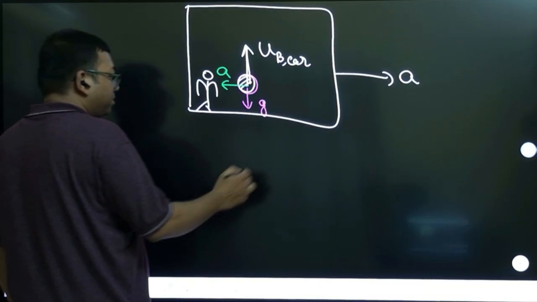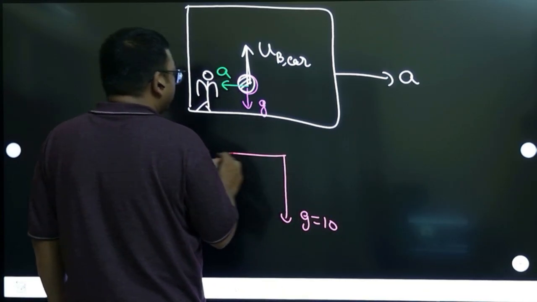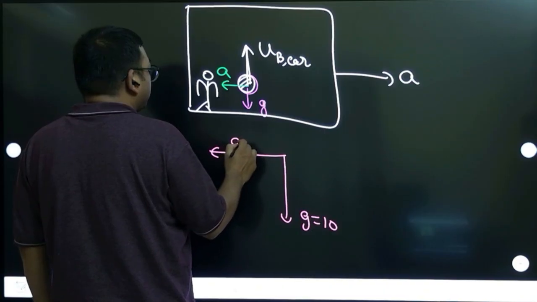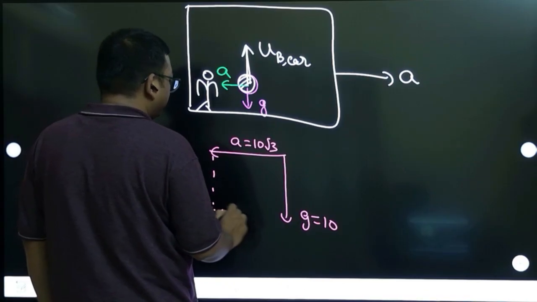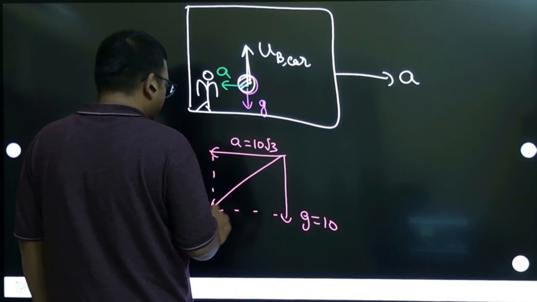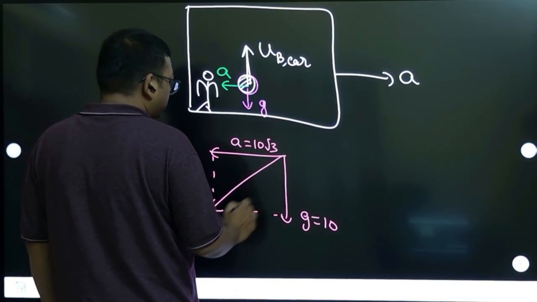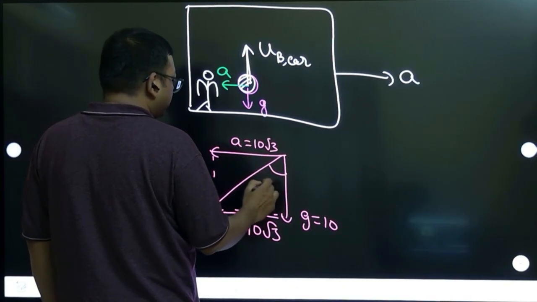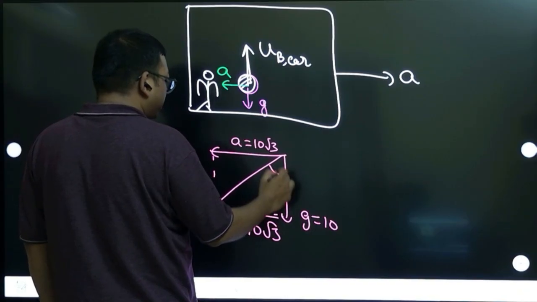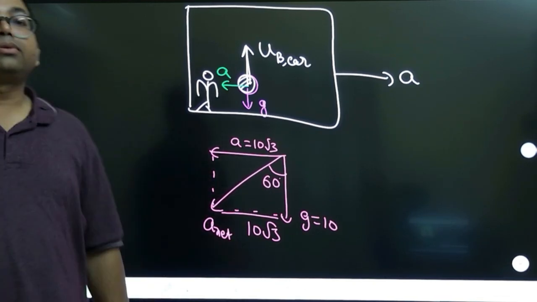They have given g equal to 10, and they have also given this acceleration A, which is 10 root 3. Okay, so if you make a parallelogram, this will be the resultant acceleration, the net acceleration. So this is 10 root 3 and this is 10. So for this angle theta, tan theta is this divided by this, so this will be 60 degrees. First you should know that. Clear?